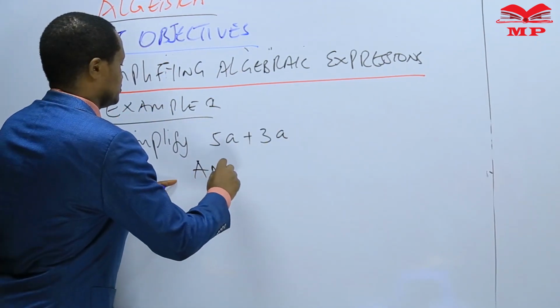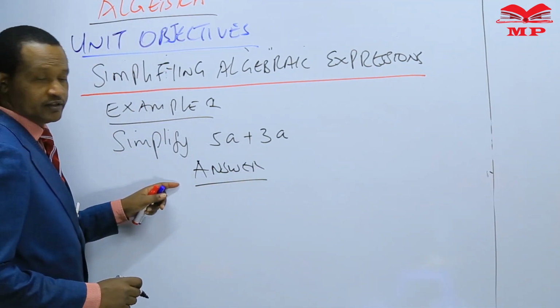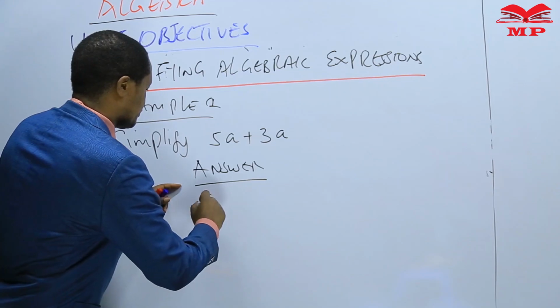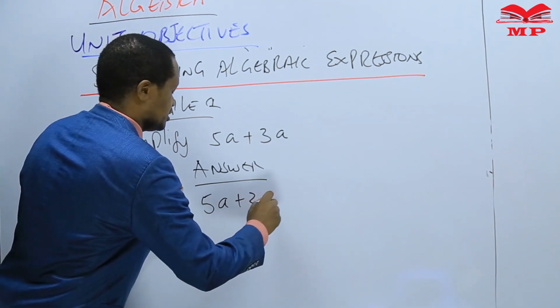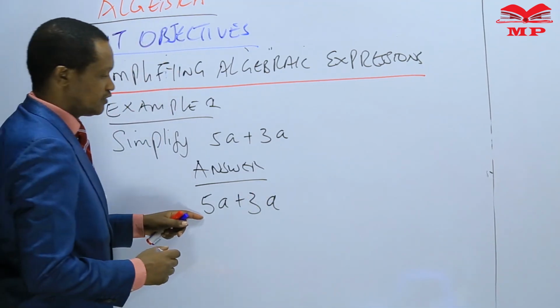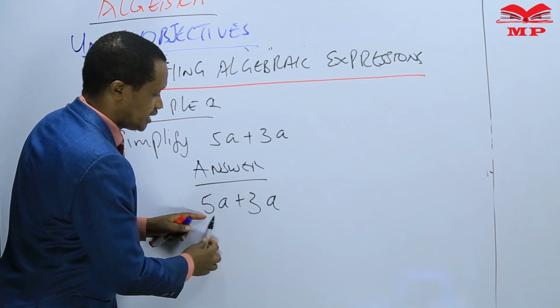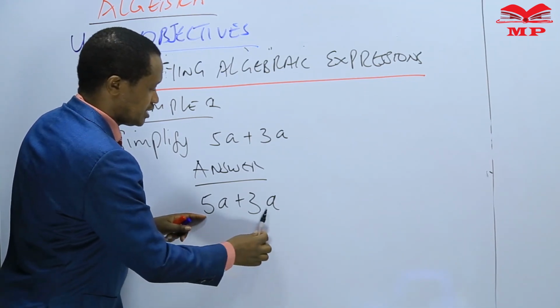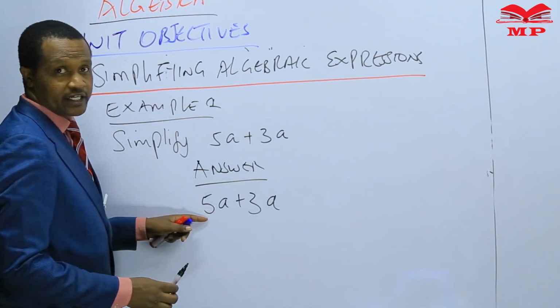Answer. The algebraic expression is 5a plus 3a. You see these are like terms. 5a and 3a are like terms.